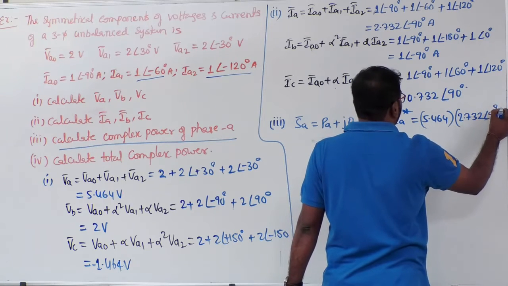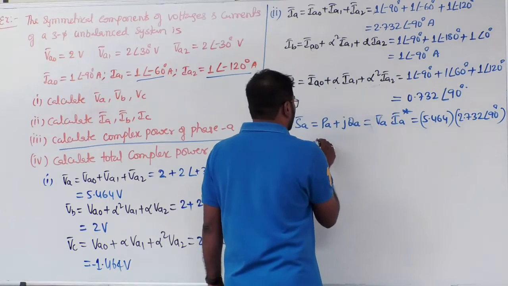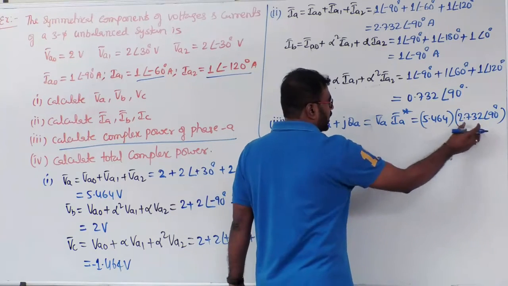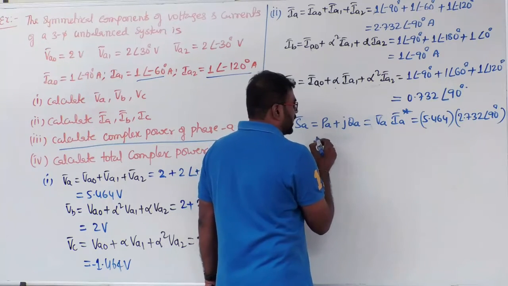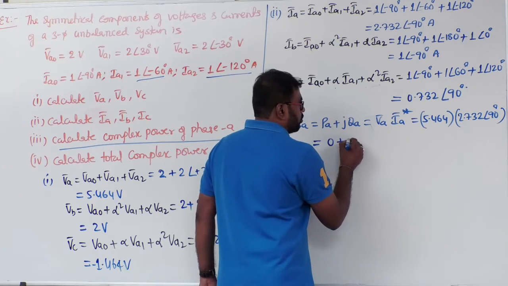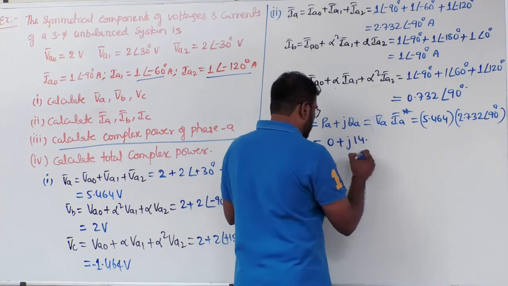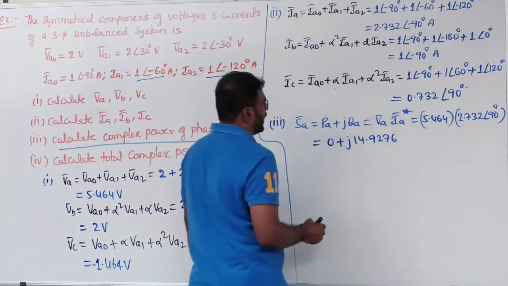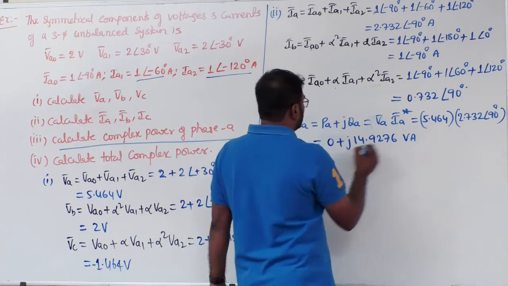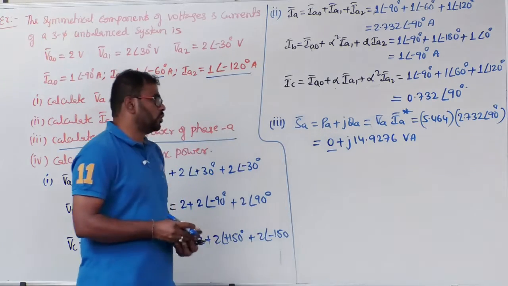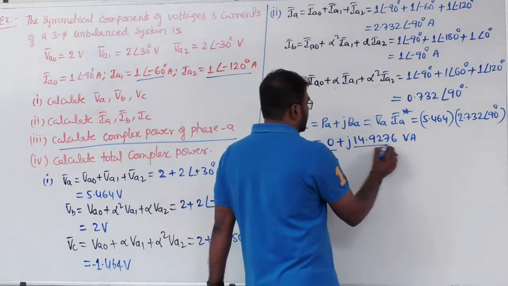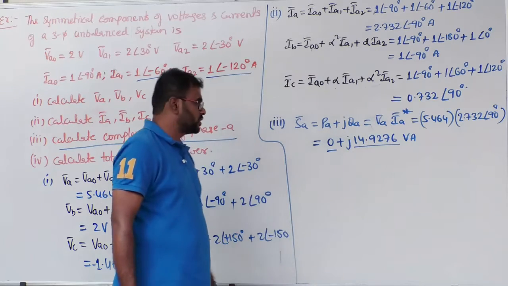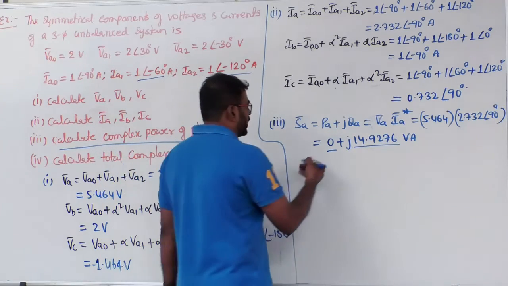If I do the conjugate, then we get the real part 0, but the imaginary part is 14.9276 VA. That means the active power of phase A is 0, reactive power is 14.9276. Now similarly you can calculate SB and SC also.